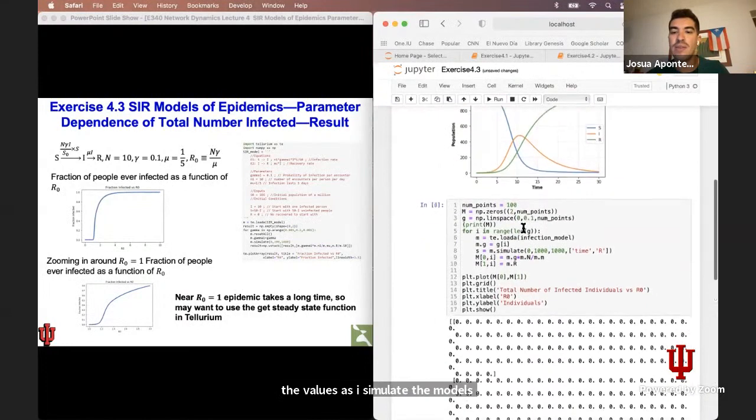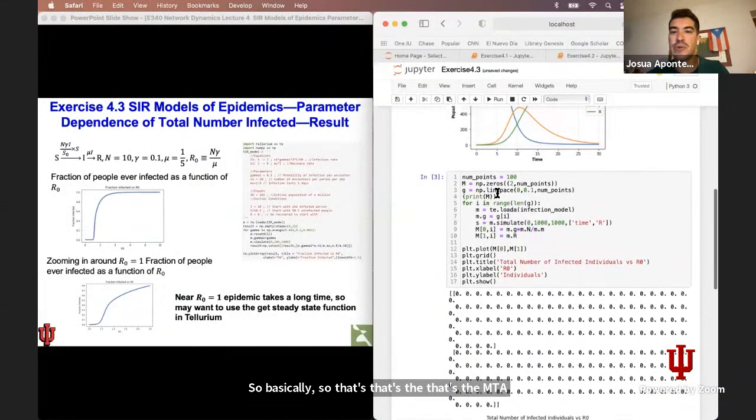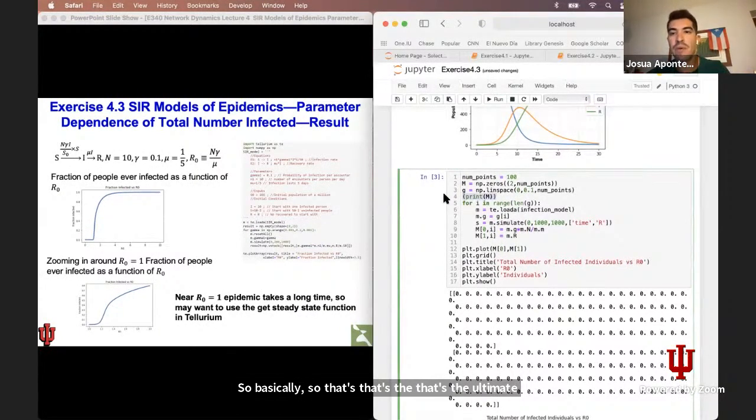It's not an empty matrix, it's a matrix of zeros. As I simulate the model, I will change these values. In the first row, I'm going to add the values of R naught, and in the second row, I'm going to add the values of the total number of recovered individuals, because that's what we're interested in looking at.